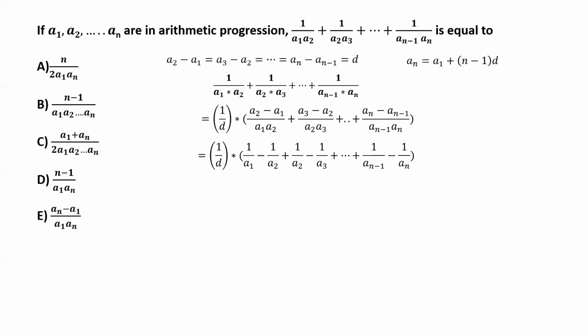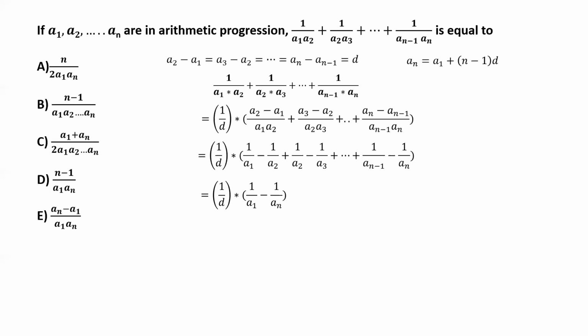What we'll be left with is simply the reciprocal of the first term, and then the negative of the reciprocal of the last term. So 1 by a1 minus 1 by an.